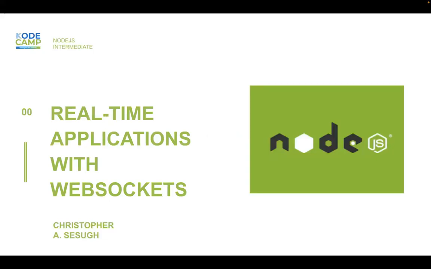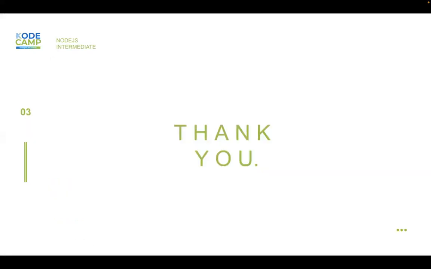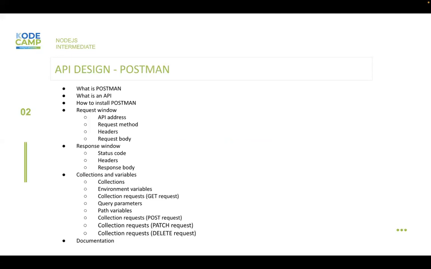We'll be done with API and Postman Tuesday next week. So if you have any questions, you can go ahead and ask. But if you don't have any, we'll call it a day.